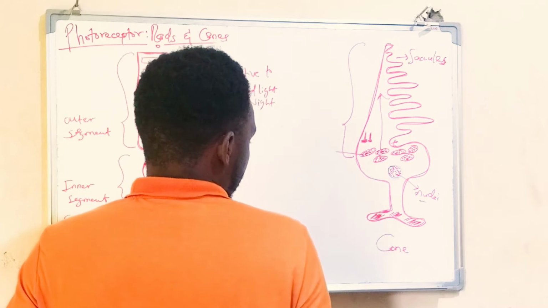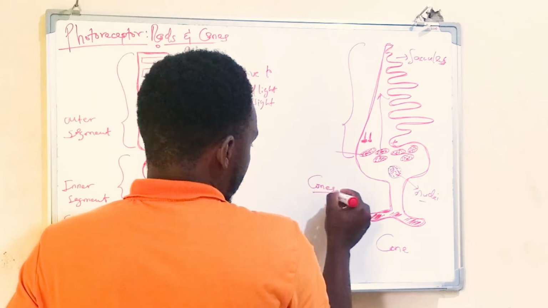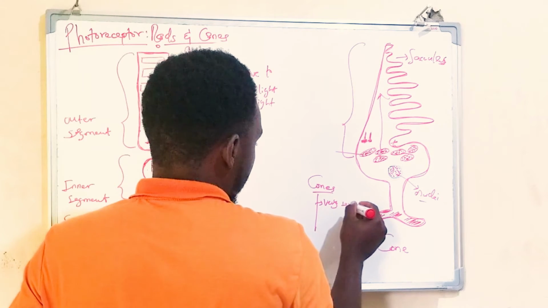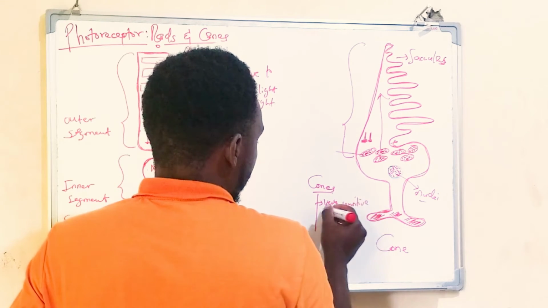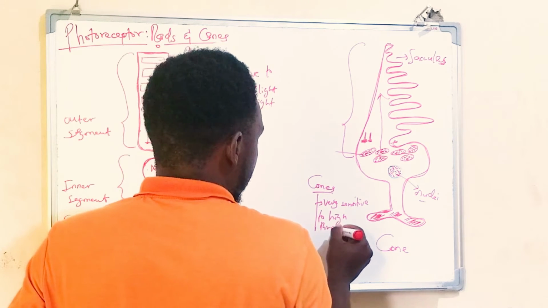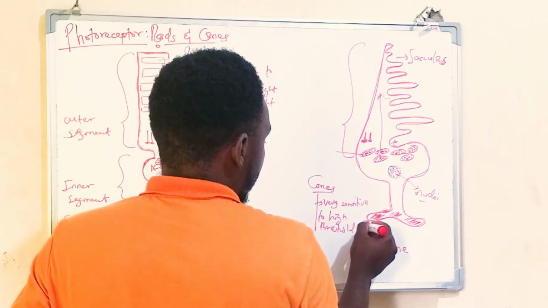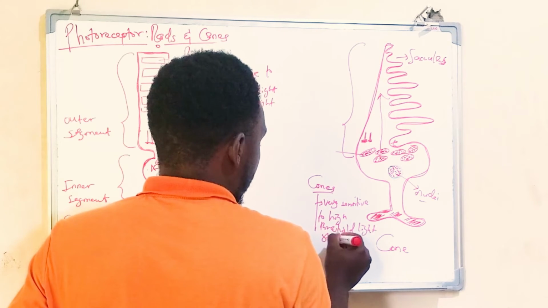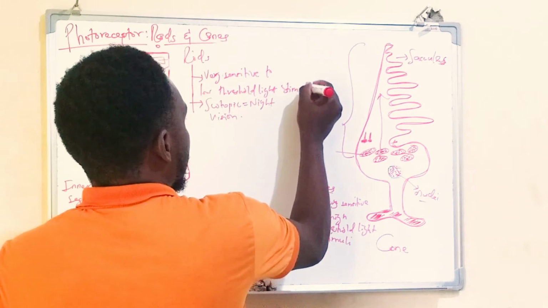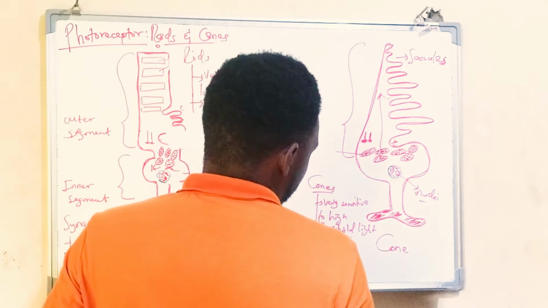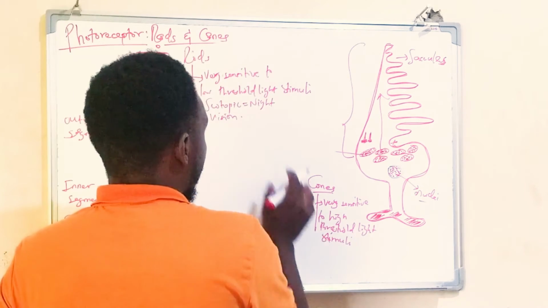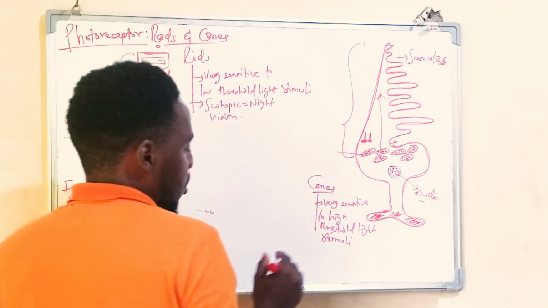The cones are very sensitive to high threshold light stimuli, while the rods are very sensitive to low light stimuli.